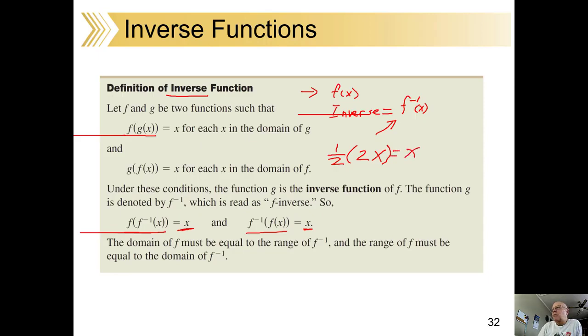You get the original number back that you started with. Not only that, but if you take them in the other order, take the 1/2 x, multiply that by 2. Notice you're doing them in the reverse order, but you still end up with x. Those are your inverses.